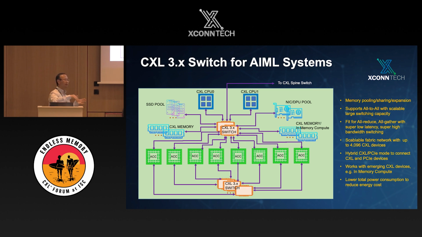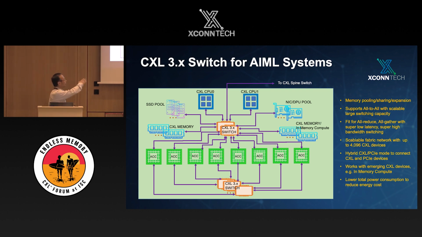Through this kind of interconnect, you can connect a larger cluster of computing, right? The switch will provide memory expansion, pooling, and sharing, functionality we already talked about. But the switches behind these accelerators also have large enough bandwidth to support what they call all-to-all connection.